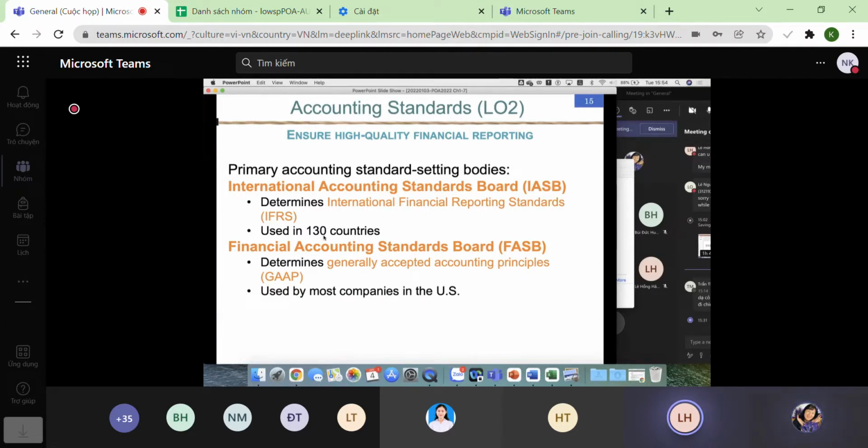Yeah, from here, you can answer that question. FASB determined GAAP, right? IFRS is set up by IASB. Okay? Get that? Agree with that?